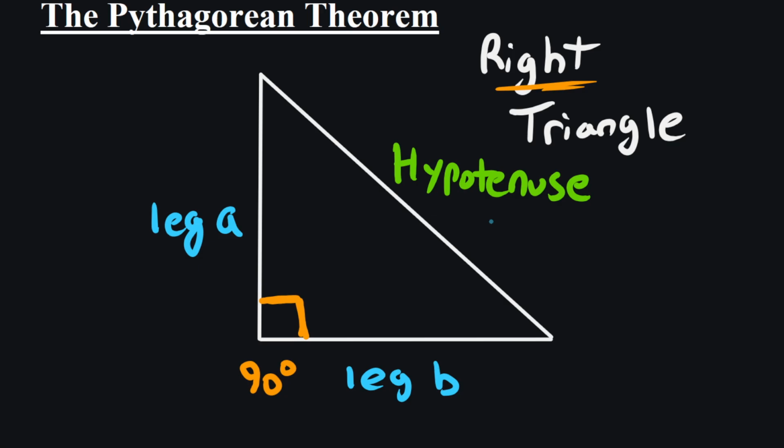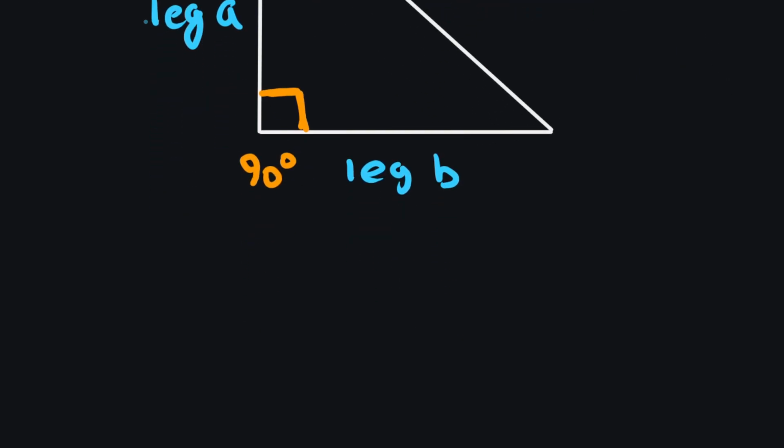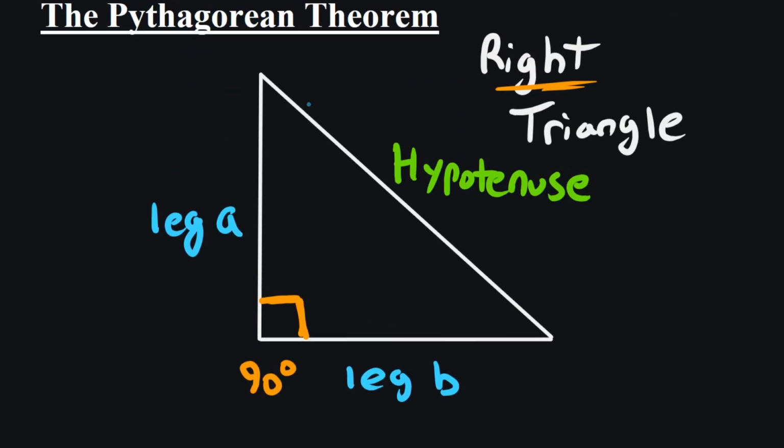So now that we know what a right triangle is made up of, two legs, a hypotenuse, and a right angle, let's talk about the actual Pythagorean theorem. Let's write it out and talk about how it works. The Pythagorean theorem goes like this: a squared plus b squared equals c squared.